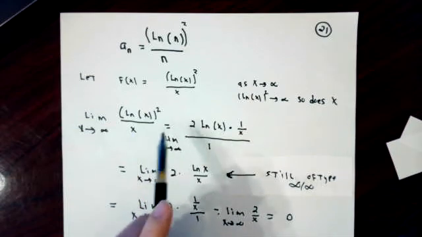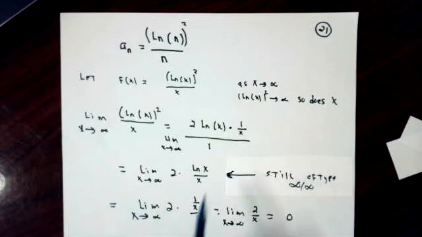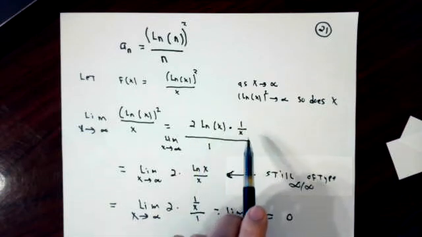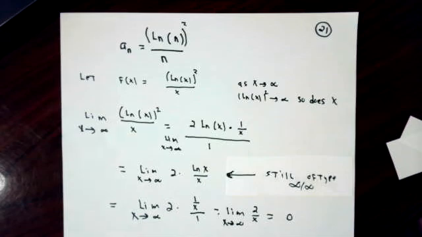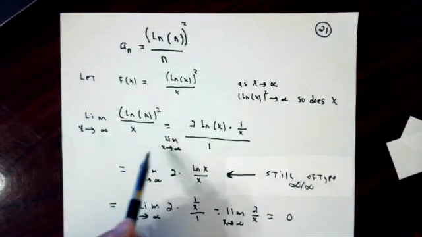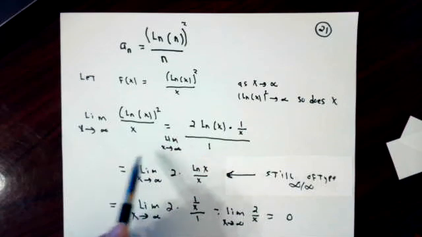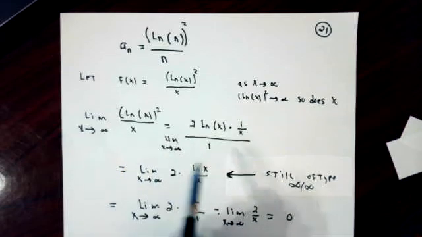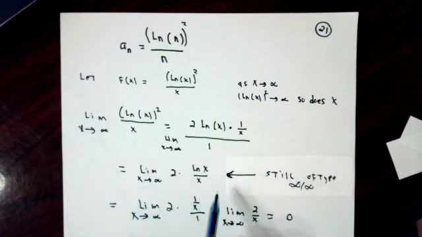So the derivative of natural log of x squared is 2 times natural log x times the derivative of natural log x, which is 1 over x. Meanwhile, on the bottom of the fraction in our L'Hopital calculation, the derivative of x with respect to x is 1. So after you simplify it a little bit, this is the limit that we're now interested in.